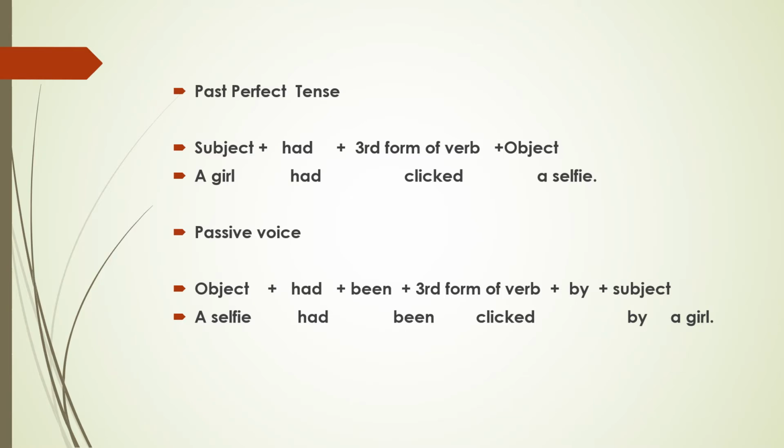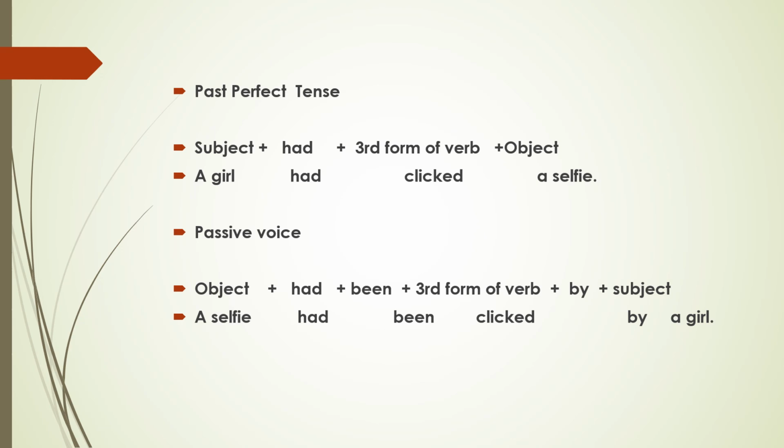Okay, so let's revise our third rule, that is regarding past perfect tense. You can see the formula right in front of you on the screen: there is a subject, followed by the helping verb had, then the third form of the verb, and then an object. This is the formula of an active structure in past perfect tense. Then the formula of the passive structure will be an object in the beginning, then had, plus been, and then the third form of the verb, then by, and then the subject, right?